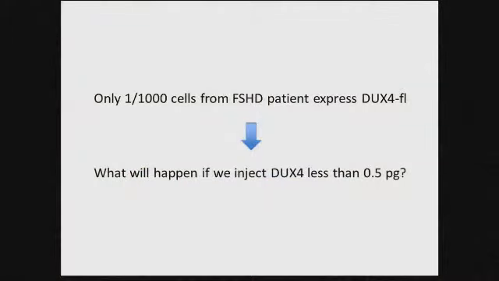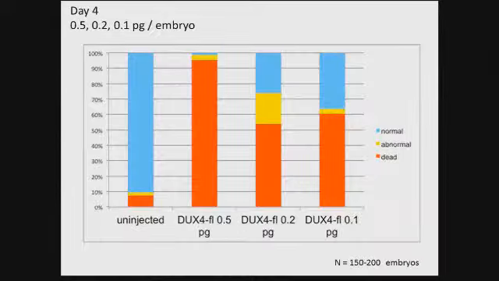If you cut back to the levels where the DUX4 expression is thought to be at about 1 in 1,000 cells in patient samples, and you put in just enough so that the RNA is diluted out by the time it hits somitogenesis in development to be about 1 in 1,000 cells, that's about 0.2 picograms of RNA. This is 10 to the 5 molecules of RNA in that embryo. Many fish die at the higher levels.